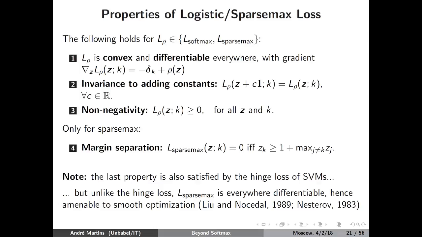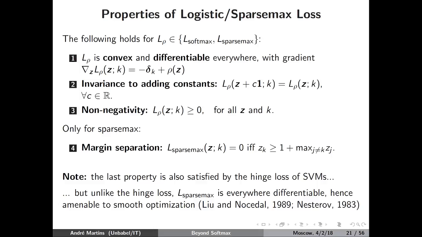If you have seen support vector machines and the hinge loss, this is very similar to the margin condition in SVMs. To have zero loss, you need a separation margin, exactly the same thing as SVMs. But unlike the hinge loss of SVMs, this loss function is differentiable everywhere.